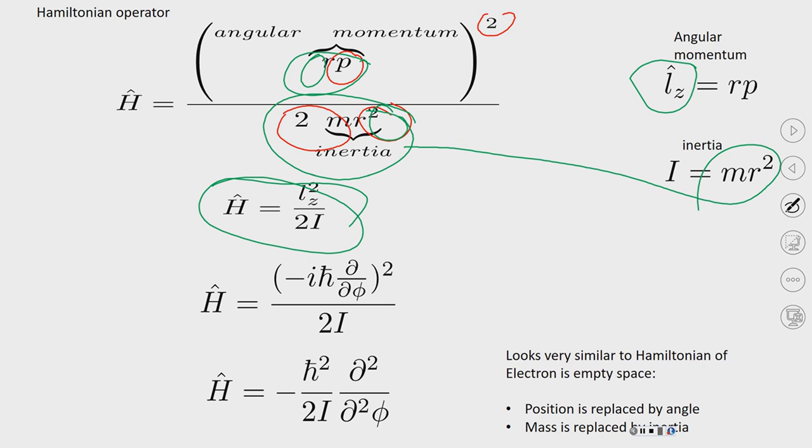And we may want to recall that we are in a course that exposes us to quantum theory. Therefore, we replace this L_z by this differential operator, take the square, and have the Hamiltonian as a second derivative over the angle. Okay?